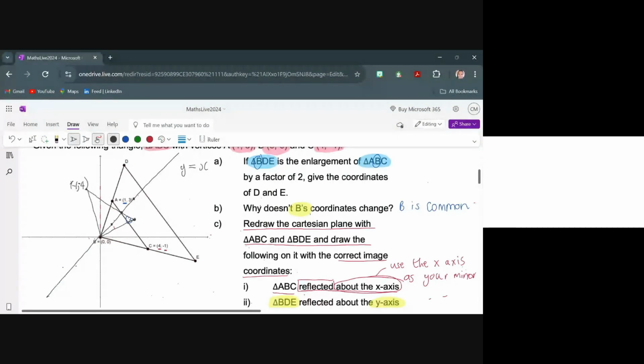All right, can I ask you guys then to find me the two coordinates for D and E reflected about the line y is equal to x?